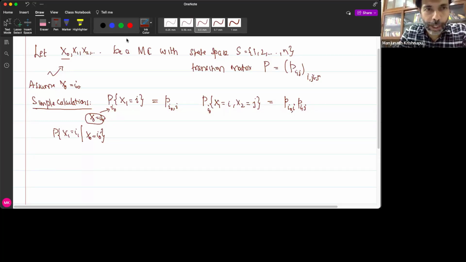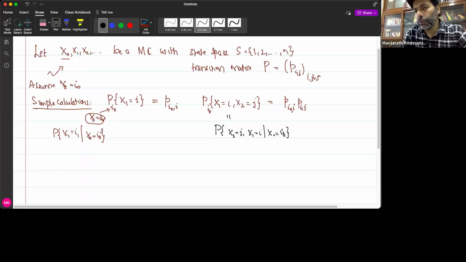If anybody is pedantic about how this came, let me show it. I am writing this as probability x2 equal to j, x1 equal to I, given x0 equal to I0. Henceforth, I will appeal to intuition, but for once I will show how it comes from the definition. This is just notation.